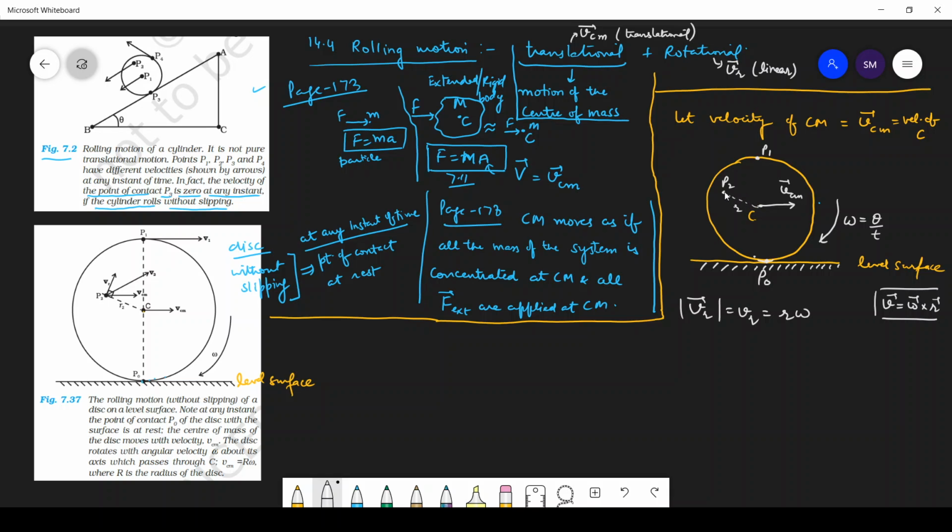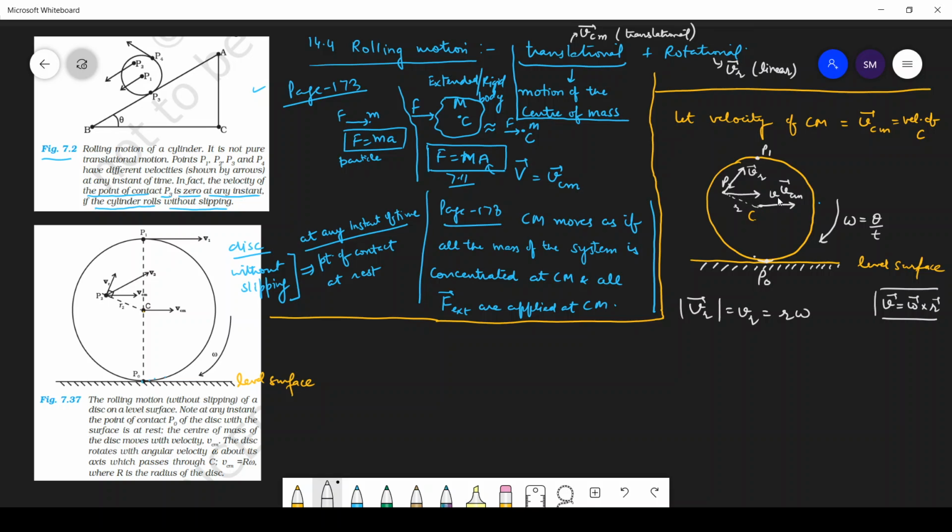Where is VR? Suppose VR is in this direction, and the translation velocity will be parallel.